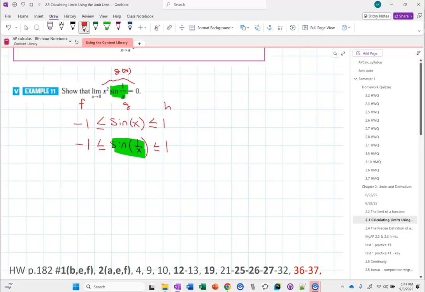That's why we are allowed to do this, but that's the next step. So this guy now is my f of x, there's the g of x, and that's my h of x. So I built my string of inequalities. That's the hardest part.